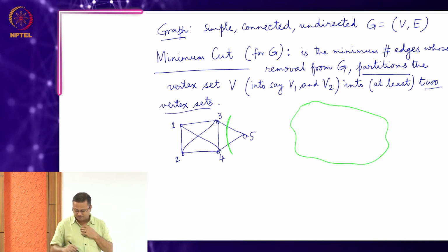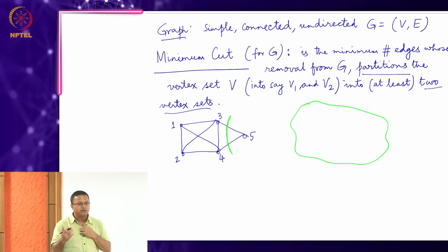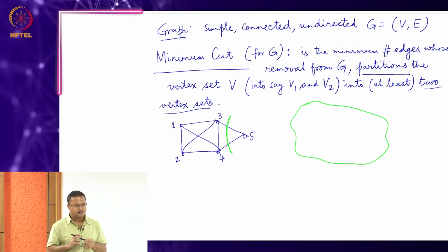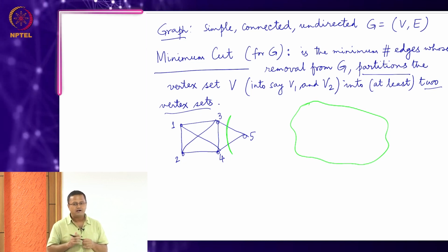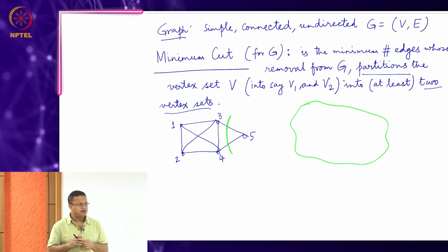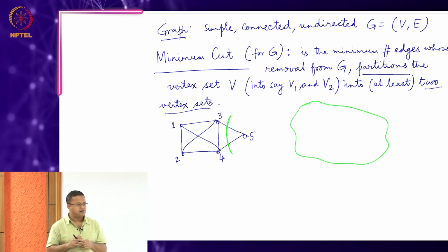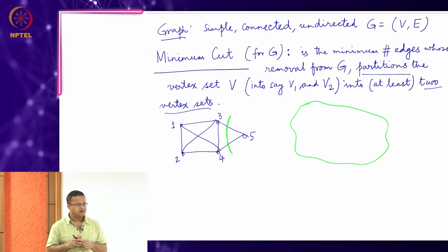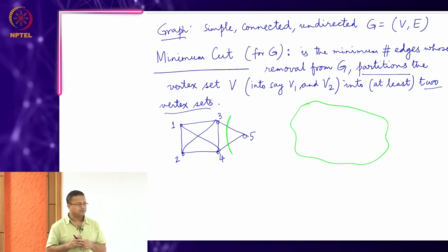Now for a general graph G, what would you do to find the minimum cut? How would you proceed? What is your number of possibilities?